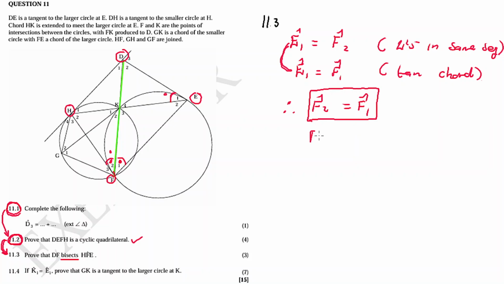Therefore DF actually does what? Bisects. Therefore DF bisects. You can also use H1 to prove that the angles are bisected.